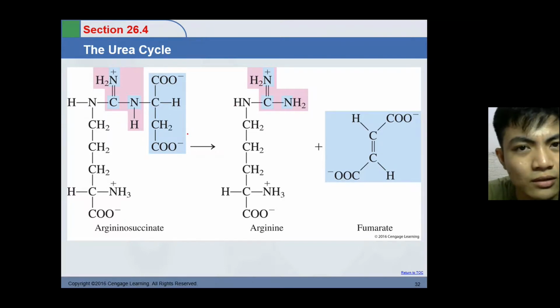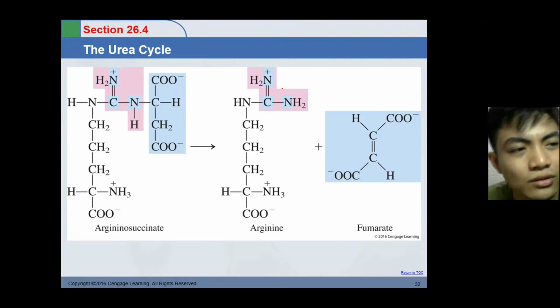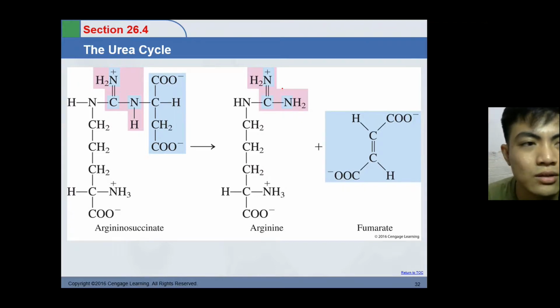Now, arginine is one of the amino acids that can be used by the body, no? Okay. However, kung naalala nyo, di ba nabanggit ko sa inyo that arginine is the source of urea. Okay? So, yung argininosuccinate, it will be cleaved into arginine and the fumarate. And of course, you know that fumarate will be used in the Krebs cycle again.